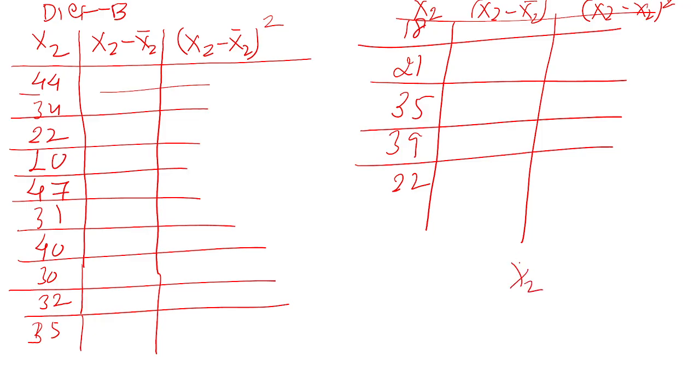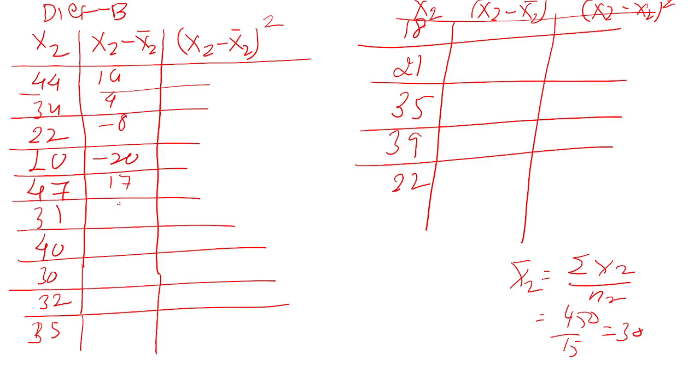So x2 bar is the summation of x2 by n2. We have the value 450. You can do it later. It came to 30. So this came to 14, 4, minus 8, minus 20. Then we have 17, 1, 10, 0, 2, 5. And we have minus 12, minus 9, 5, 9, 8.